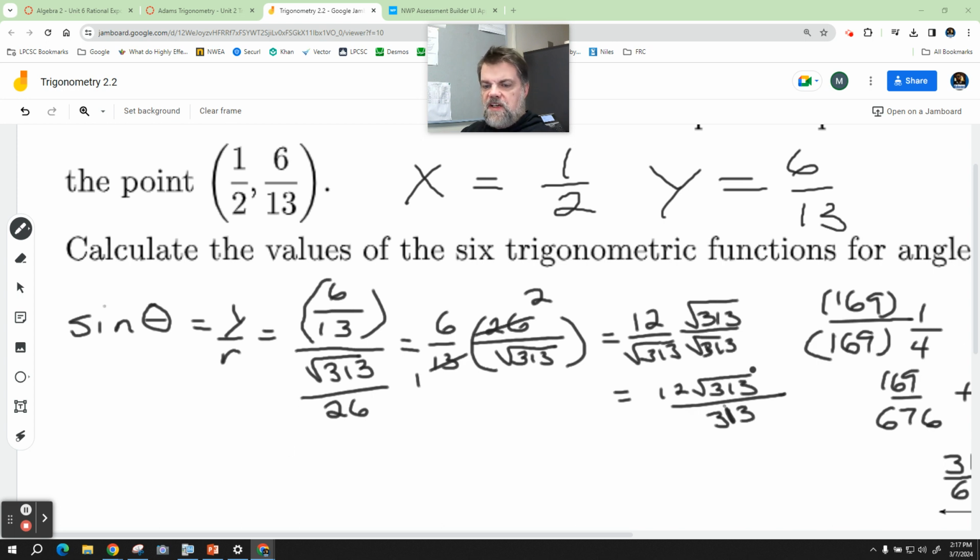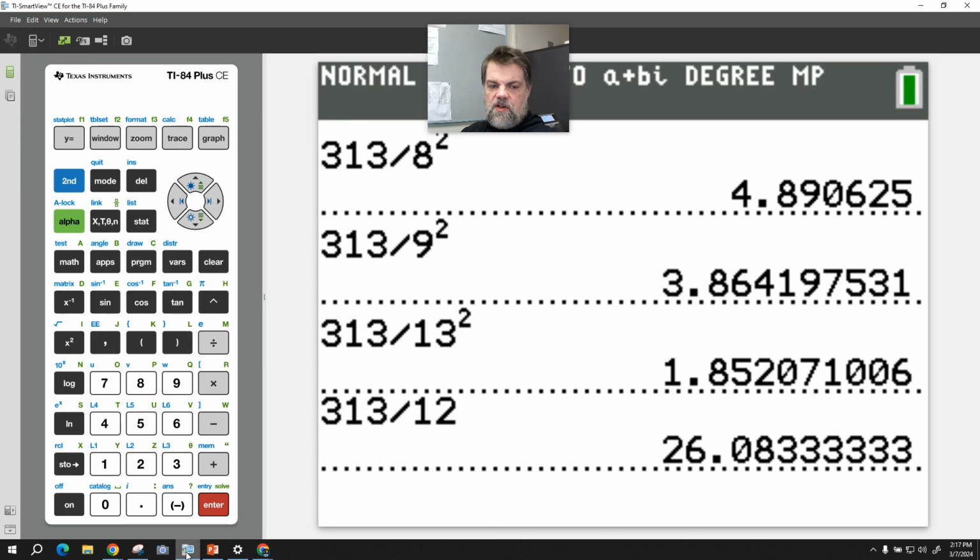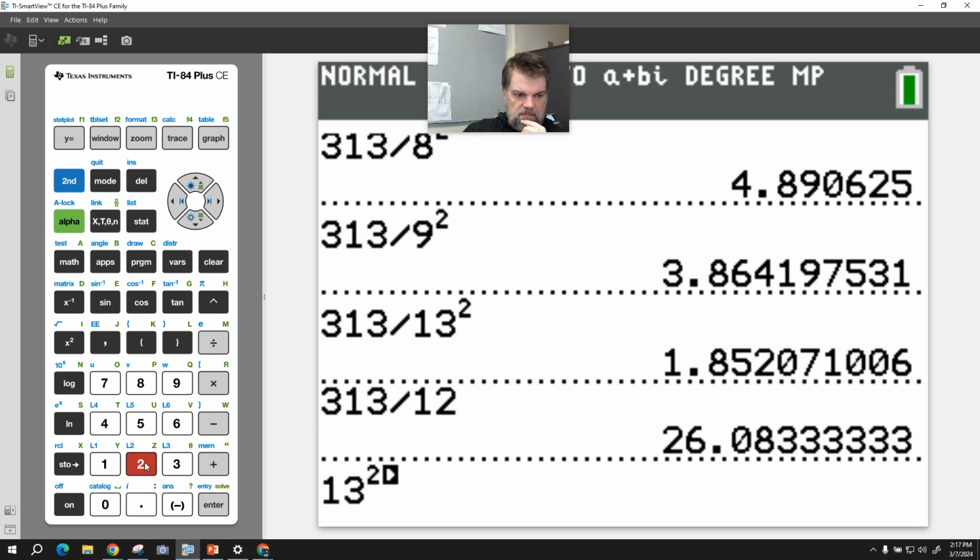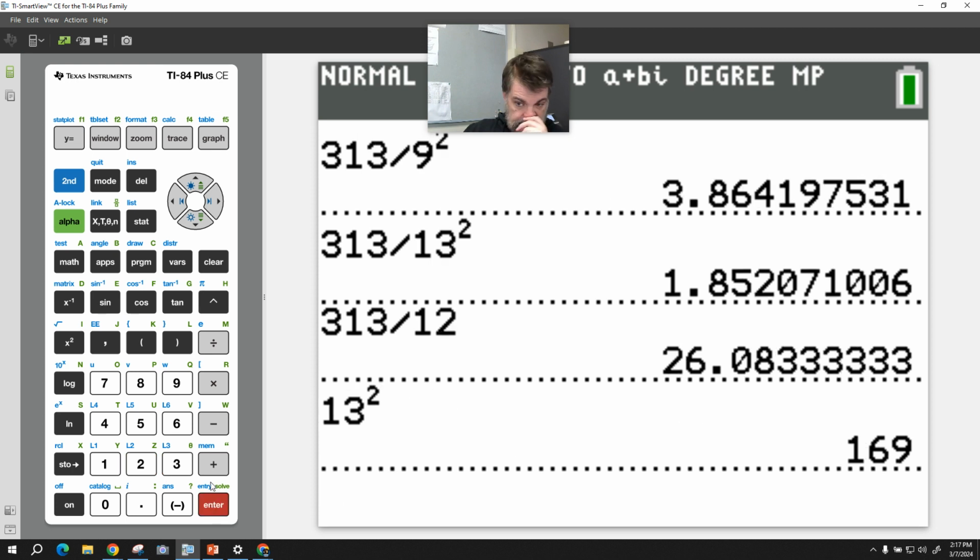That's a tough one, and let me give you the rationale of what I was thinking. 13 squared is 169, and that's pretty close to half of 313.